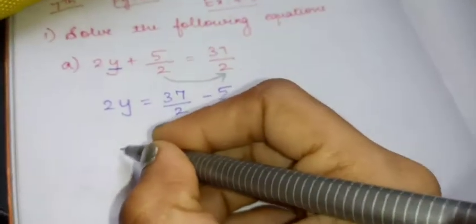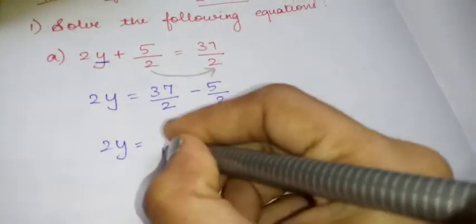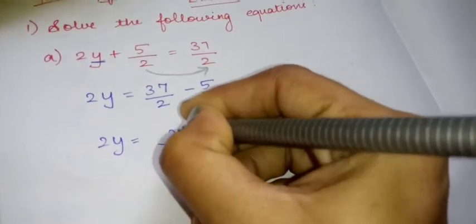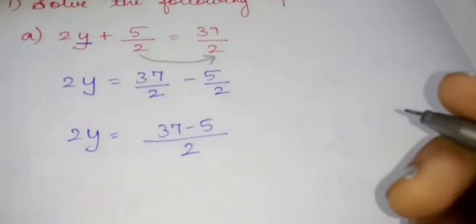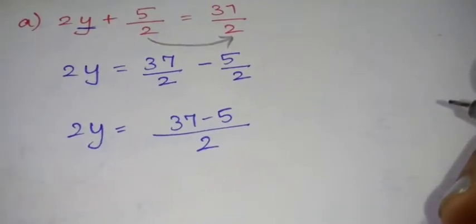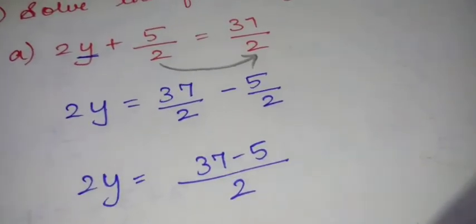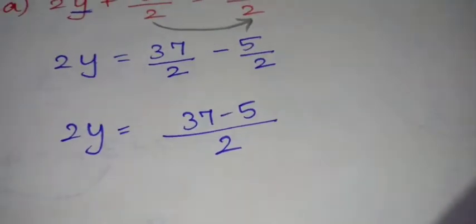Now both have the same denominator, so you can subtract only the numerators. If the denominators are not the same, what will you do? You will take the LCM. But here both the denominators are the same, so there is no need of taking the LCM.